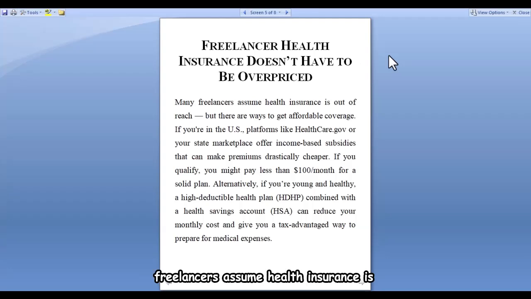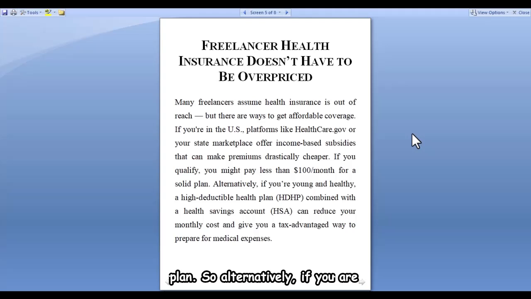So the next one on the list is that freelancer health insurance doesn't have to be overpriced. Many freelancers assume health insurance is out of reach, but there are ways to get affordable coverage. If you are in the US, platforms like healthcare.gov or your state's marketplace offer income-based subsidies that can make premiums drastically cheaper. If you qualify, you might pay less than $100 monthly for a solid plan.